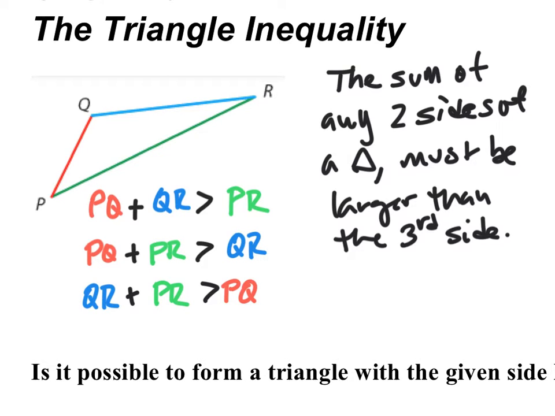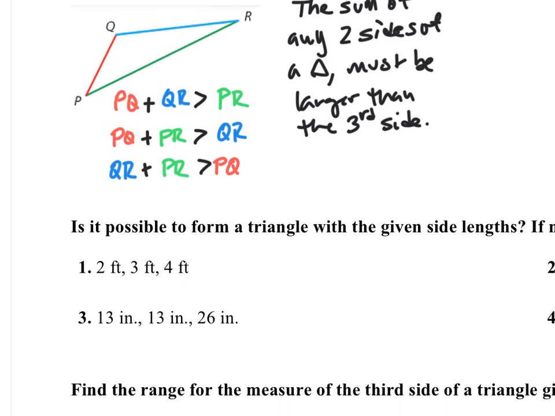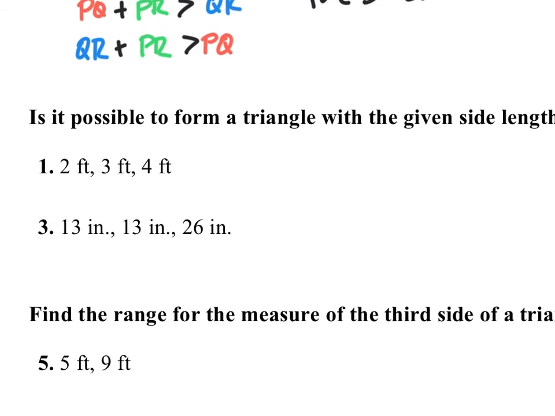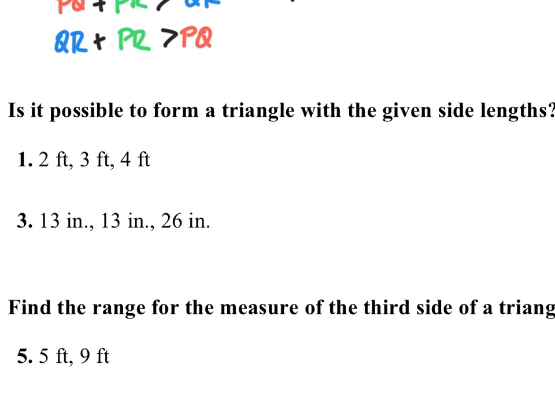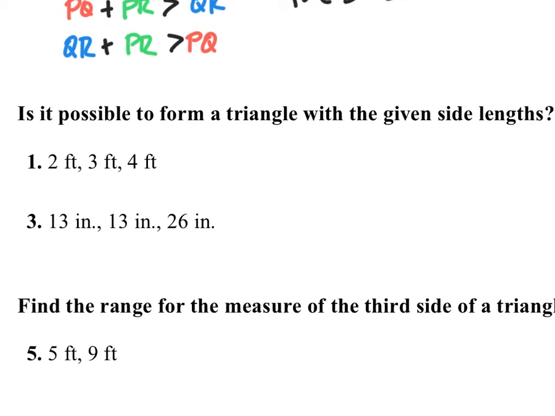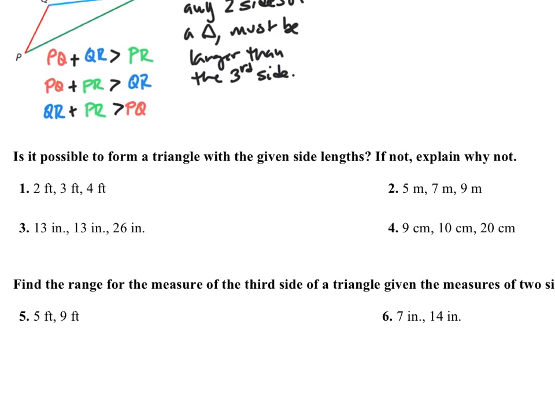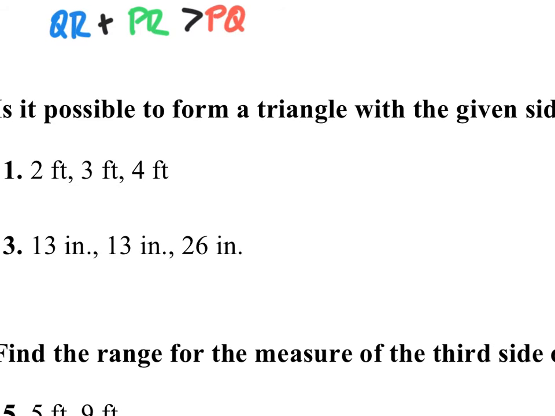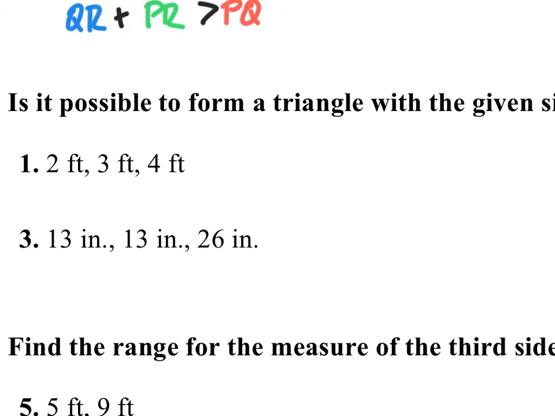All right, so let's take a look at what we could do here for something like this. It's asking, is it possible to form a triangle with the given side lengths? If not, explain why not. The trick for this is to find your two smallest sides and add them together and see if they're larger than the third.